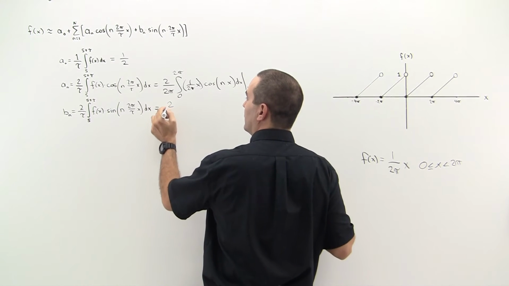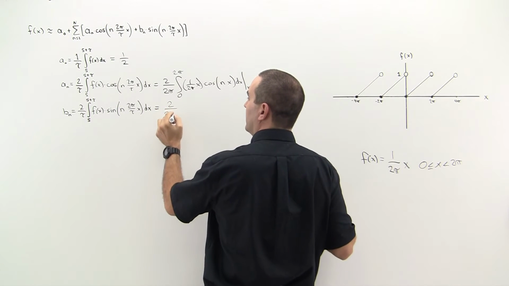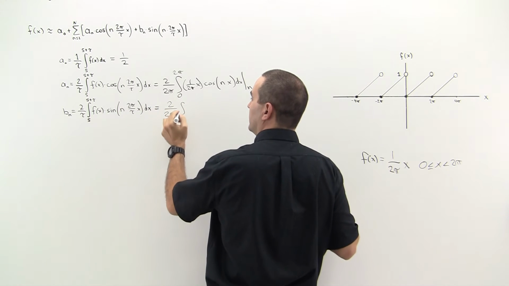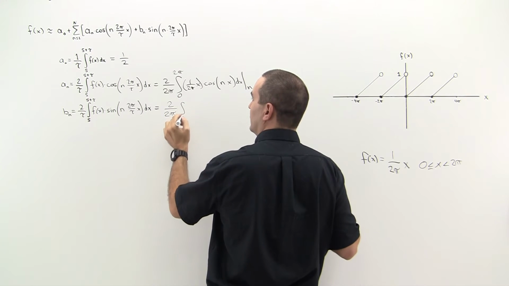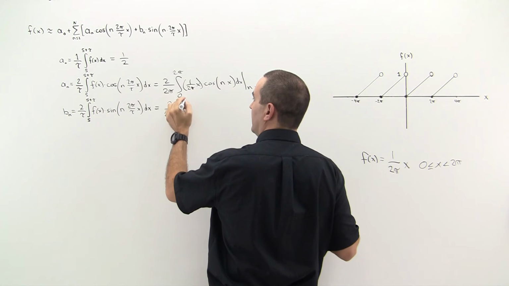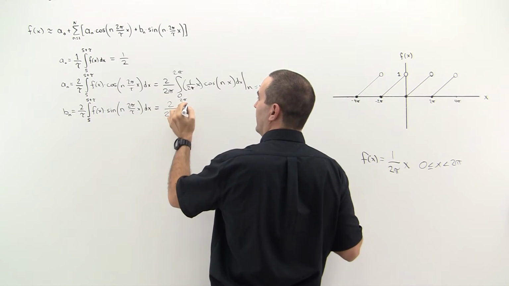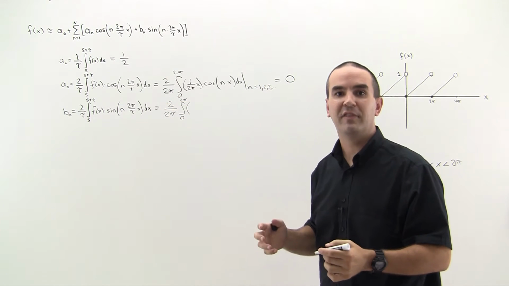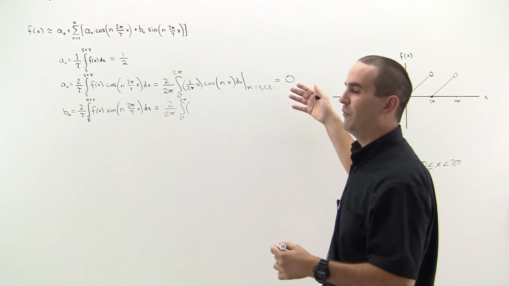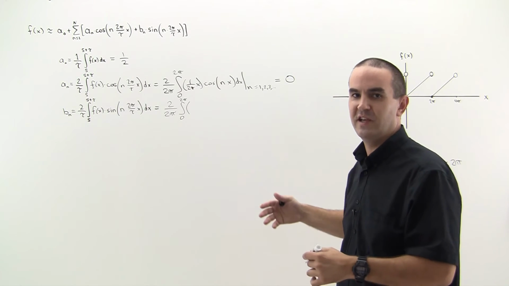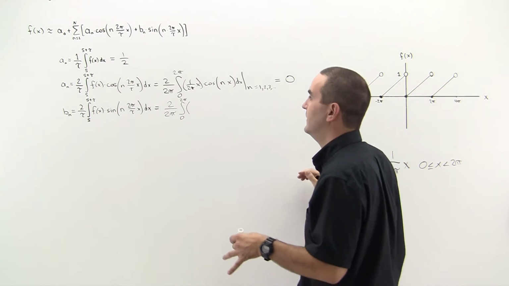Okay, so this is 2 over 2 pi. You can do the odd-even test for yourself if you like. 0 to 2 pi. The beauty of the math is the math always works out. You just perform the integrations and it's just going to tell you what's 0 and what's not 0.